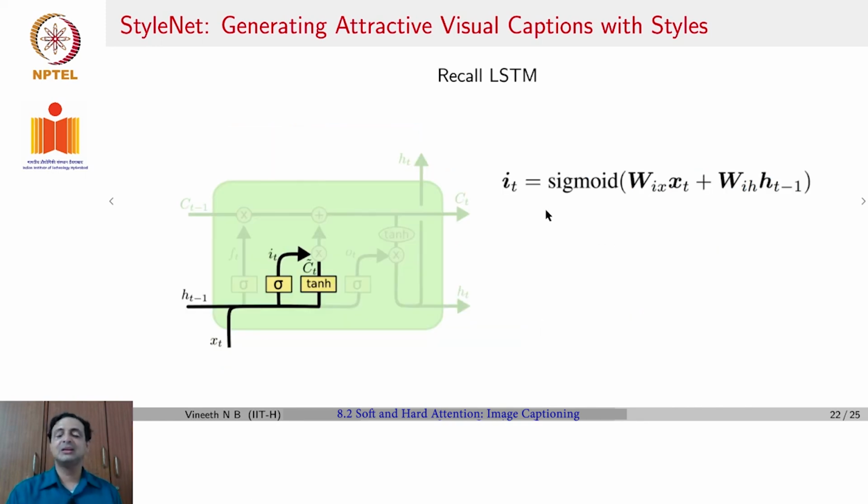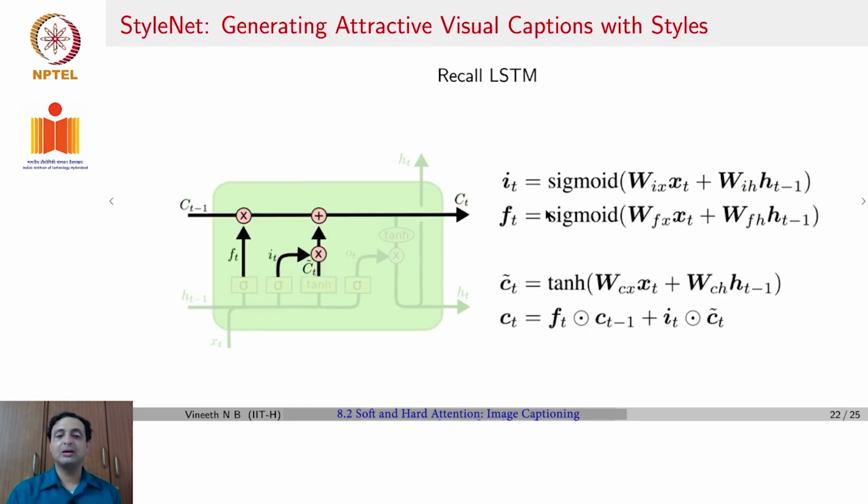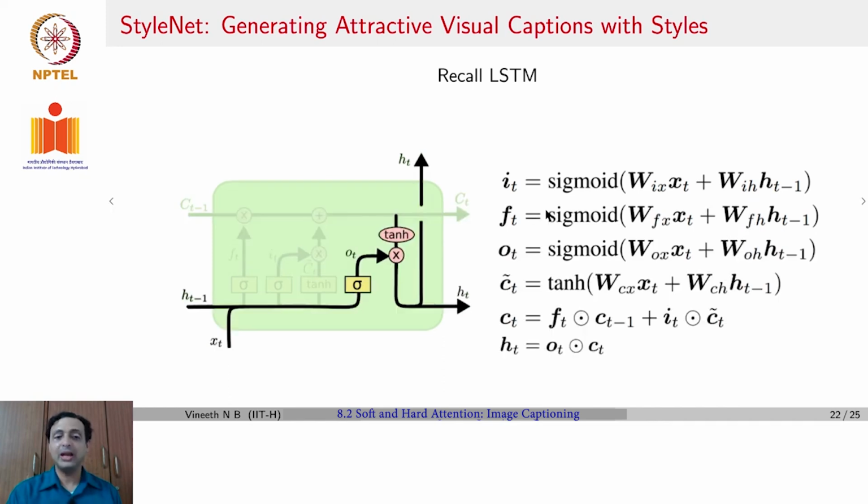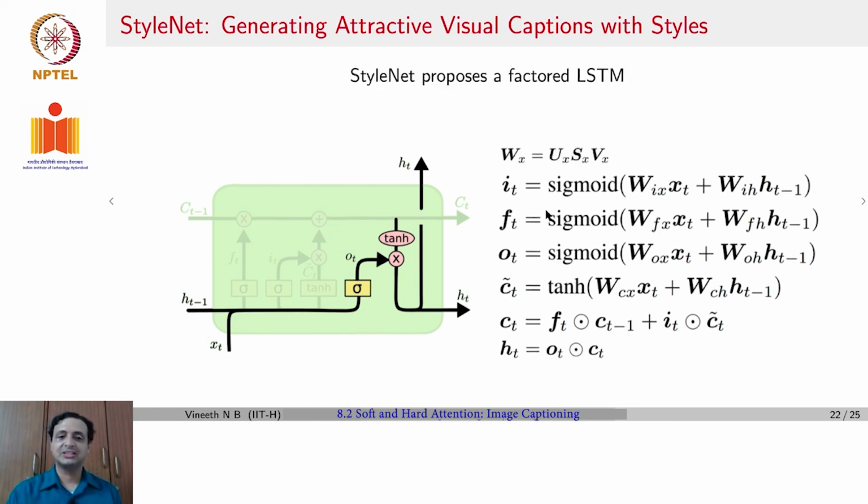To do this, recall our standard LSTM, where we had our input gate, forget gate and output gate. That was our LSTM. So this particular approach suggests a change in the weight matrix of LSTMs, where it suggests that a weight matrix Wx especially can be written as Ux, Sx, Vx. This would be similar to an SVD decomposition. So they call this a factored SVM. How does this help?